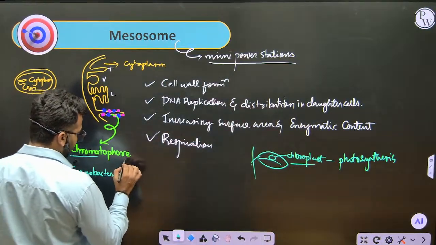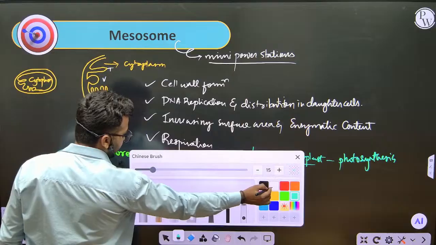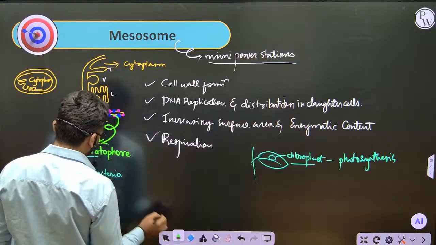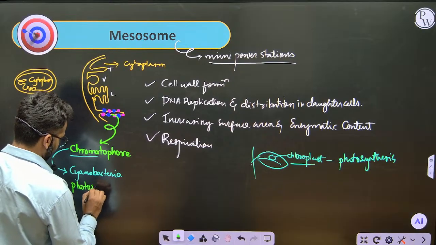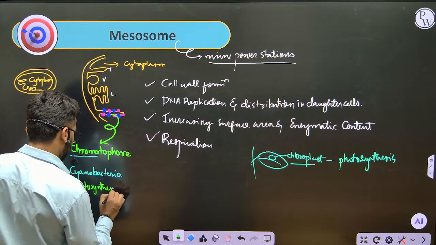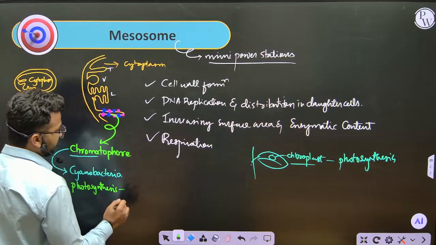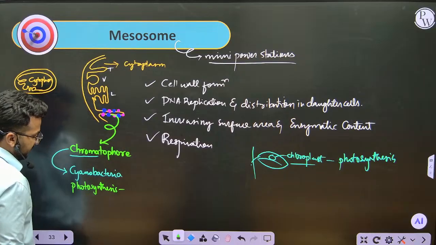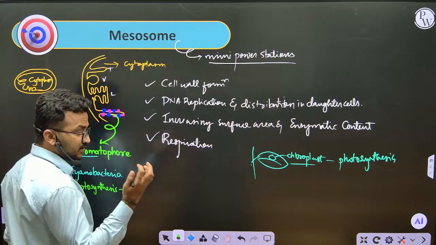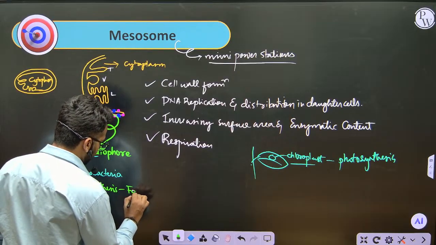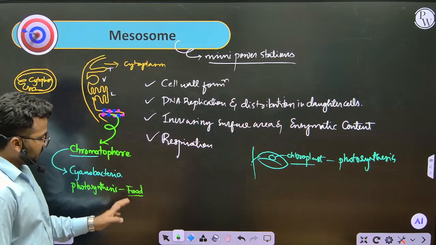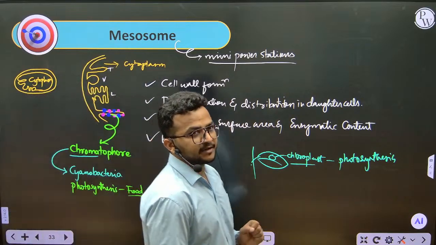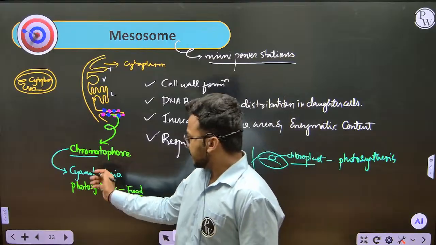So this chromatophore helps in photosynthesis. Without the chloroplast performing photosynthesis here, that is food for the bacteria. So synthesis of food by using light radiation, and these are the organisms.